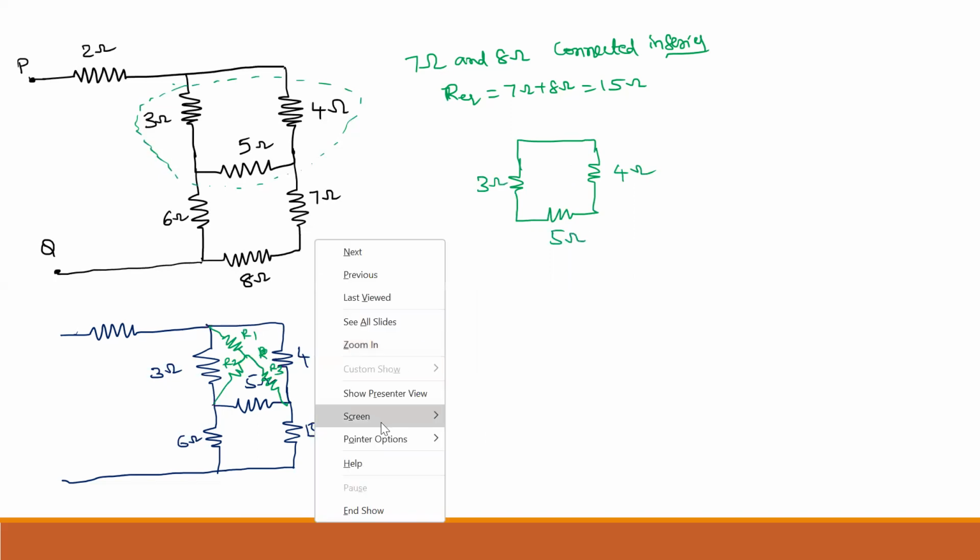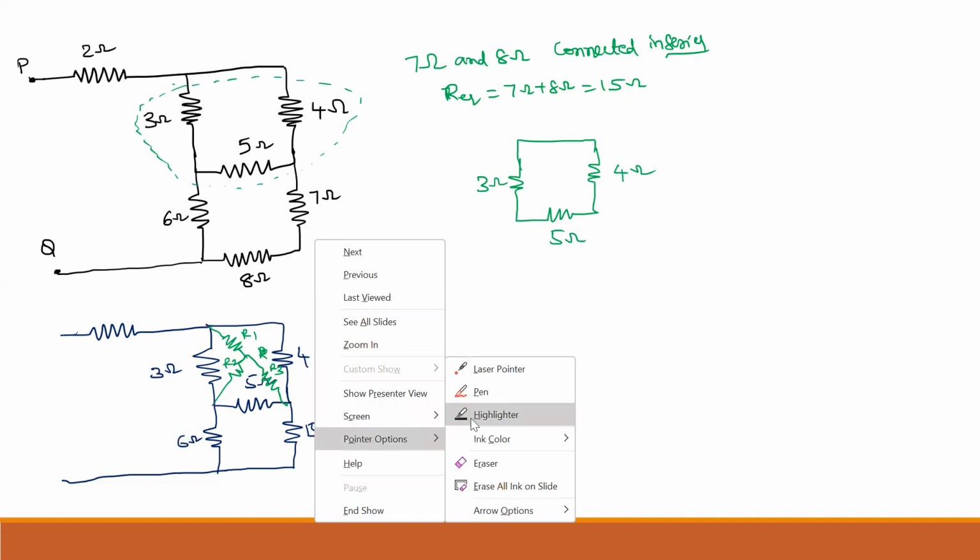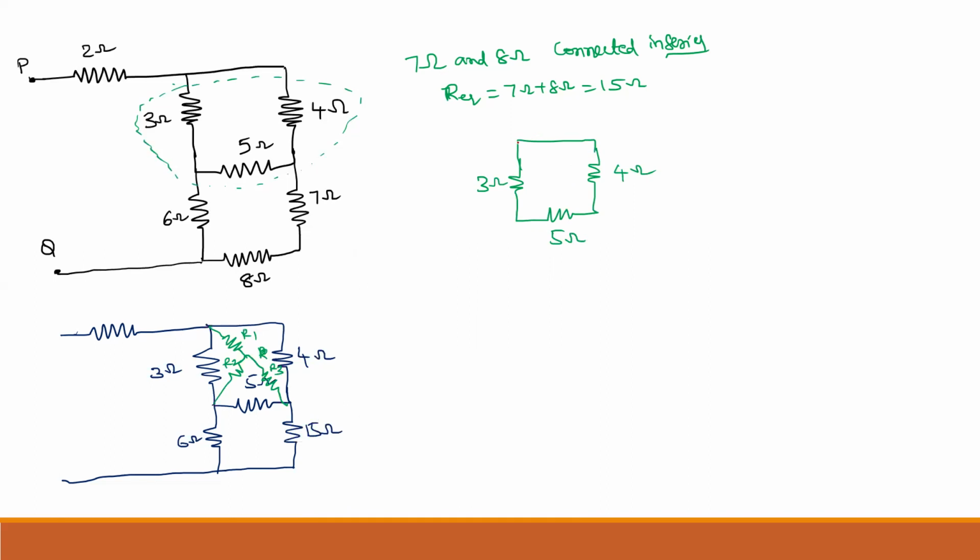Now what are the equivalent star parameters? If you observe, 3 and 4, one resistor, that is R1 given; 3 and 5, R2 given; 4 and 5, R3 given. So how to find R1?